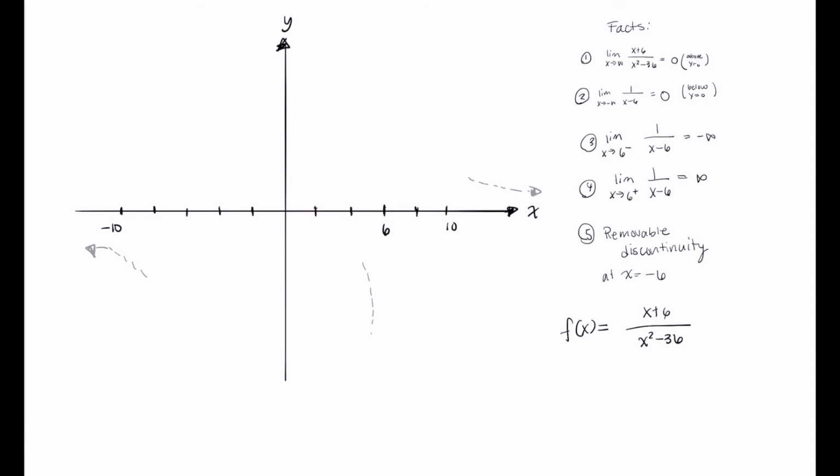So here's that part penciled in. We also figured out that if we approach 6 from the right-hand side, f will get more and more positive. Finally, there's a removable discontinuity at x equals negative 6. Okay, so now I can connect these dots, and I'm going to do so in red.